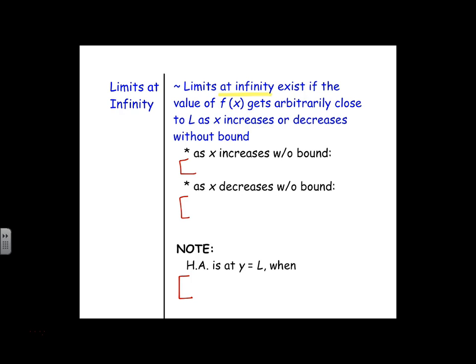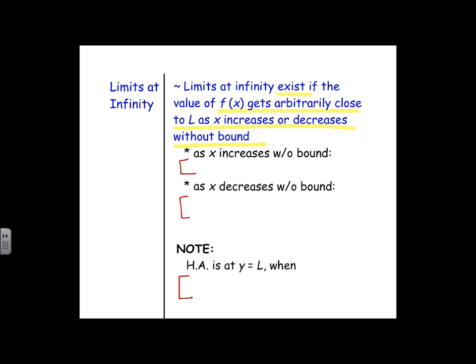You kind of act as though you're at it, which is a whole other topic for a whole other class day. Limits at infinity exist if, okay, so this is when limits exist, when you have infinities involved, when you're going to the right, to the left, x approaching infinity, x approaching negative infinity. If f of x gets arbitrarily close to L as x increases or decreases without bound. Long story short, there is no coming from both sides of infinity.